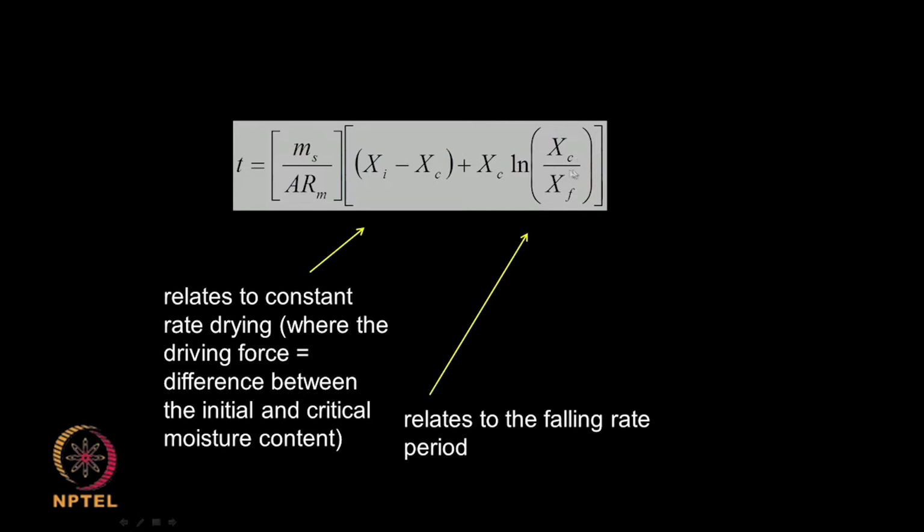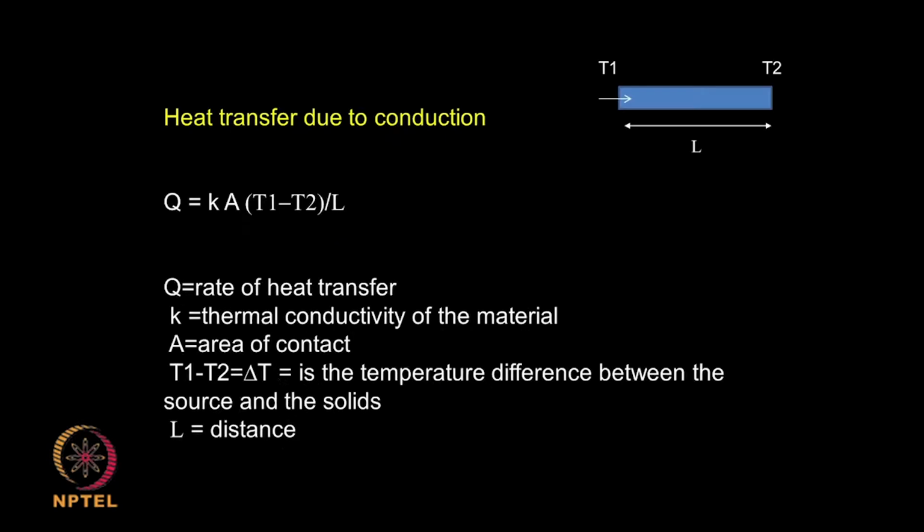So, this one is falling rate, this one is constant rate, and then we come to a term called the critical moisture content. Until the critical moisture content it will be the constant rate period, and after that it will be the falling rate period until it reaches the equilibrium moisture content. This is a typical simple equation which relates all these parameters.